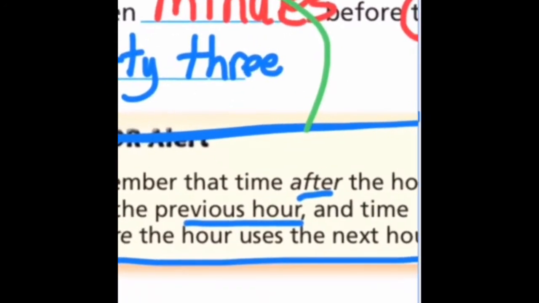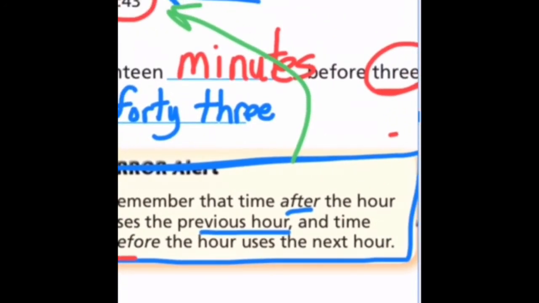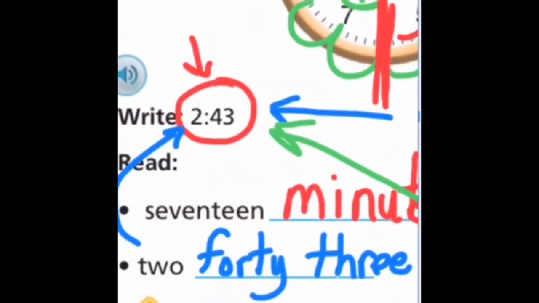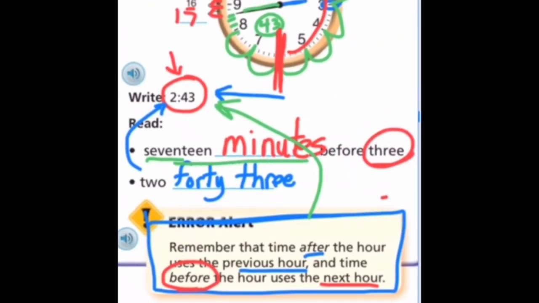Okay? And the time before the hour uses the next hour. So in my example here, it was 43 minutes after 2, or 17 minutes before 3.